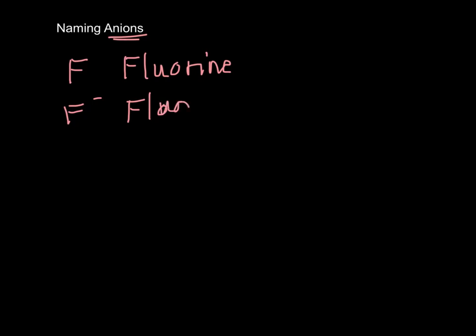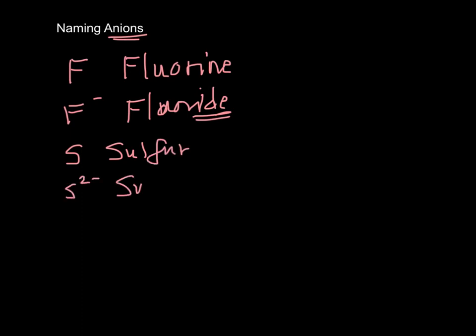Naming anions is just a teeny bit harder, not much. If F is fluorine, F- is fluoride. All you do is change the last part of it, the ending, to "ide." If S is sulfur, S2- is sulfide.